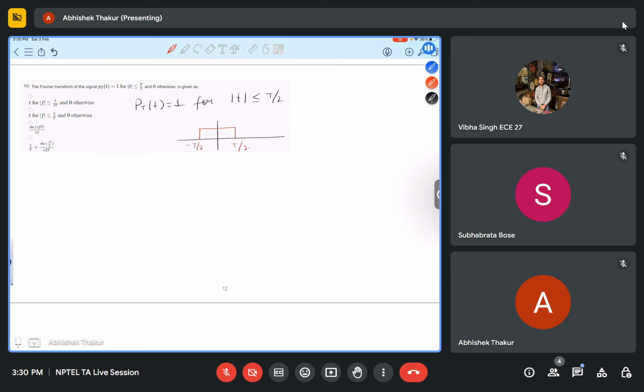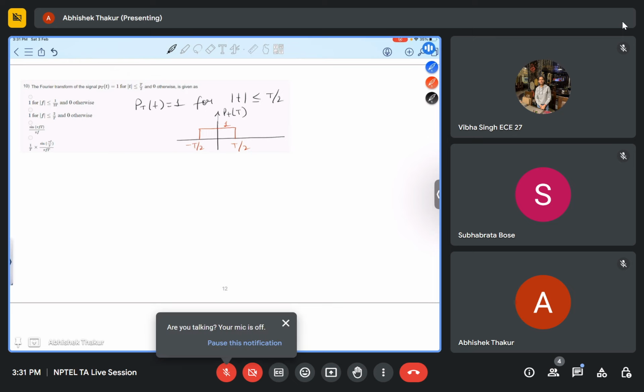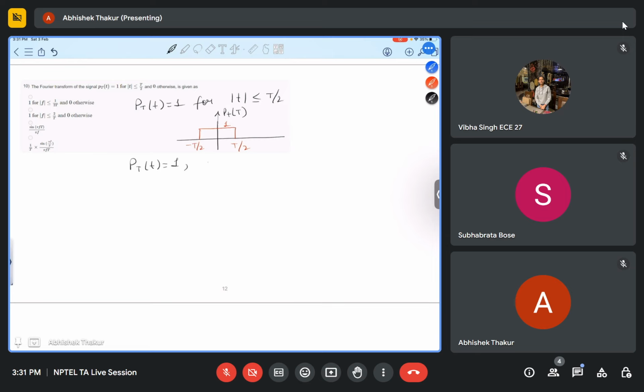The value of p(t) is 1, and for all other values it will be 0. So p(t) is equal to 1 for t greater than minus capital T by 2 and less than T by 2, and equal to 0 otherwise. So this is simply a rectangular pulse.